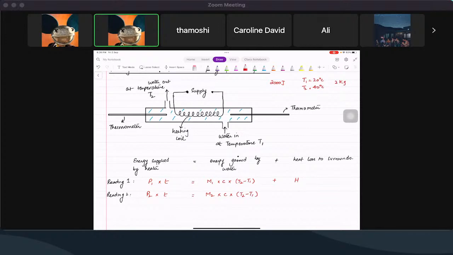Now I need to keep the temperature before and after the same. If I increase the energy supplied by the heater to 4000, then to keep the temperature the same, we also need to increase the mass going through it. So the ratio remains the same. Understood?